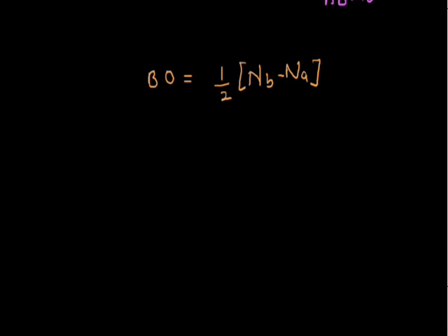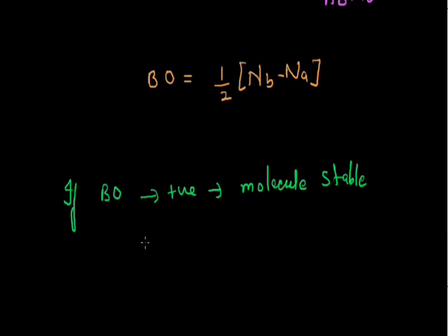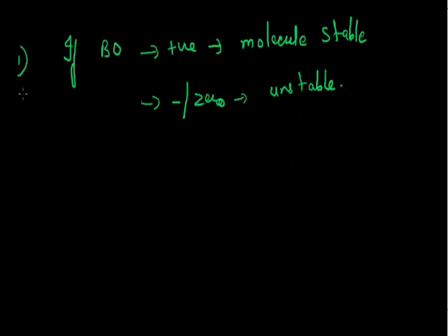Bond order conveys various information. If bond order is positive, the molecule formed is stable. If it is negative or zero, the molecule is unstable. This is the first point. Second, bond order is directly proportional to bond dissociation energy.